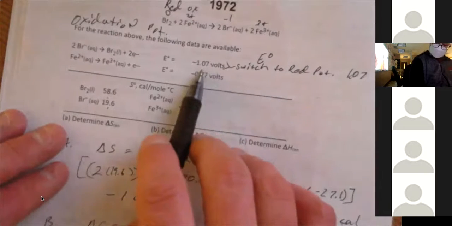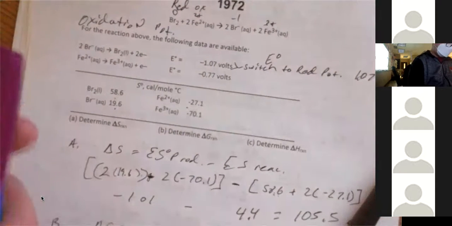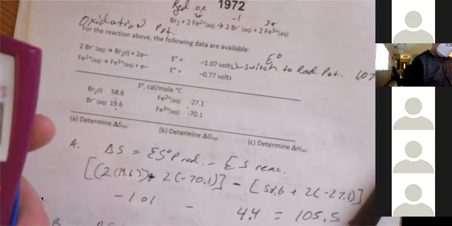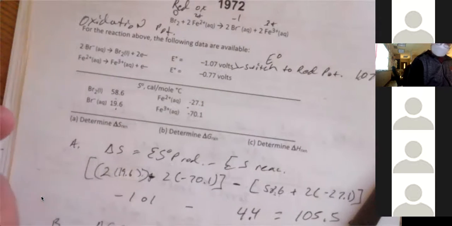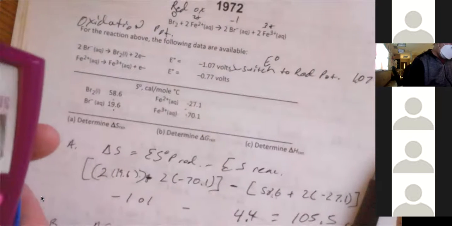So we have 1.07, and we're going to add to that the reduction potential, negative 0.77. There we go. It gives us 0.3 for E.